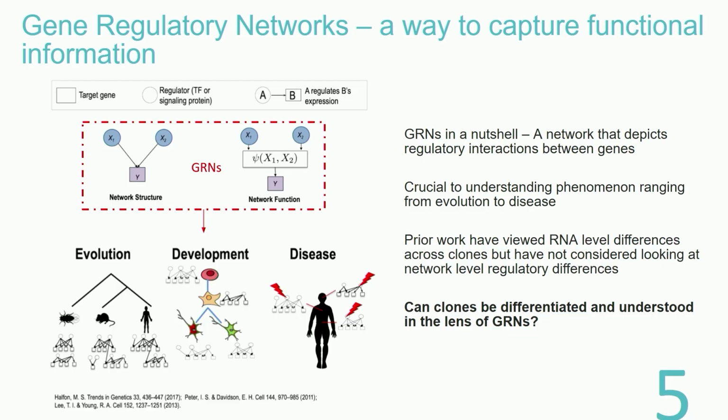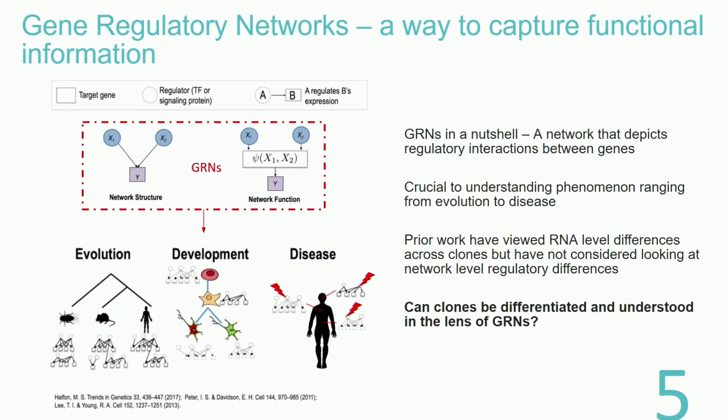Now, this could be depicted as a simple structure, or it could be some kind of function where we have some weighted regulation between two specific genes. And this is really important generally in the cases of evolution, development, disease, to understand and characterize functional differences.